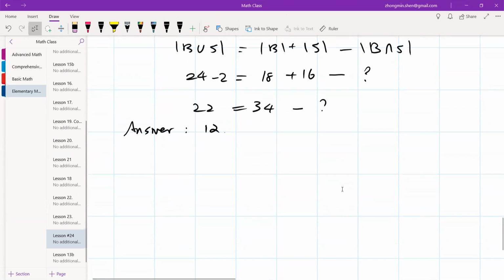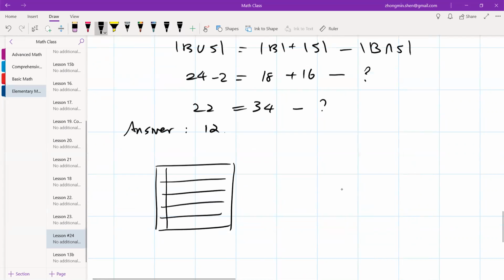Okay, so let's look at another, geometry type of problem. Remember how to count the area? How to count the number of squares, right? If I draw a rectangle like this, you cannot just count them.